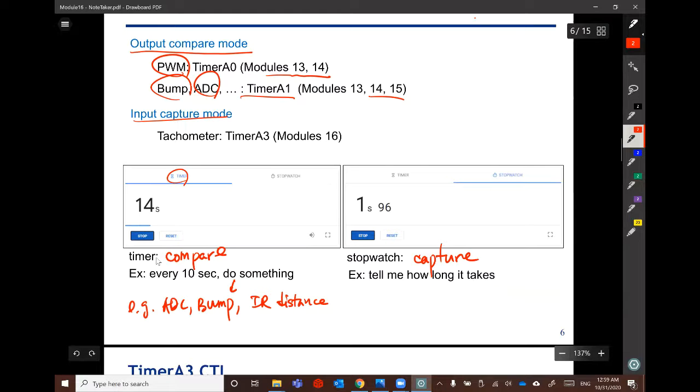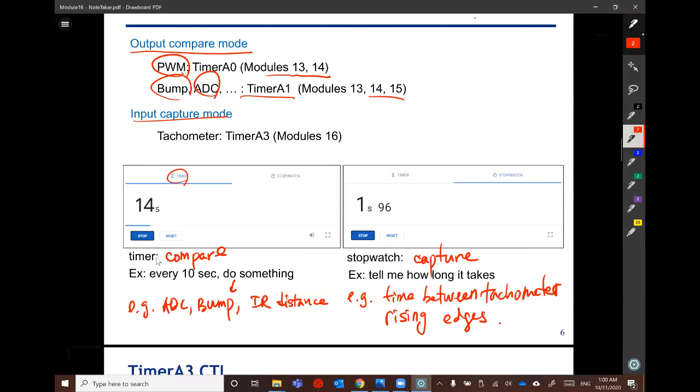It tells us how long it takes, for example, the time between tachometer rising edges. Okay, so these 2 are the main differences, compare and capture mode.